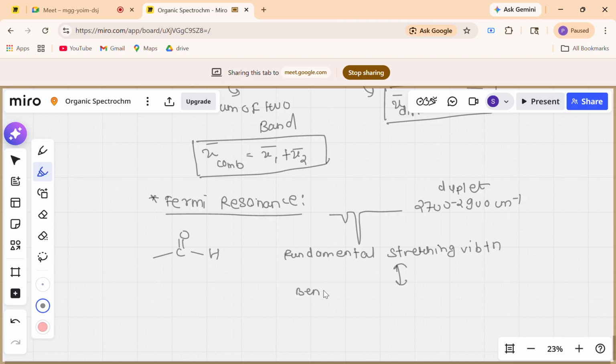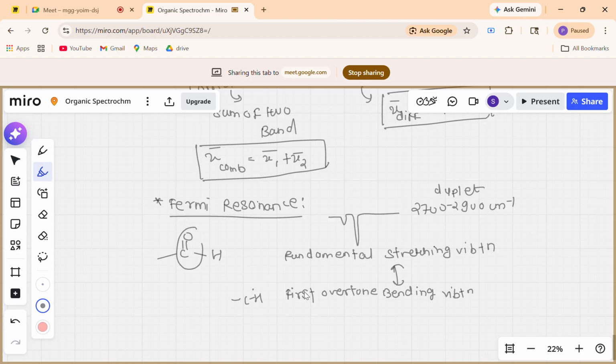It results when the fundamental stretching vibration gets coupled with the first overtone bending vibration.